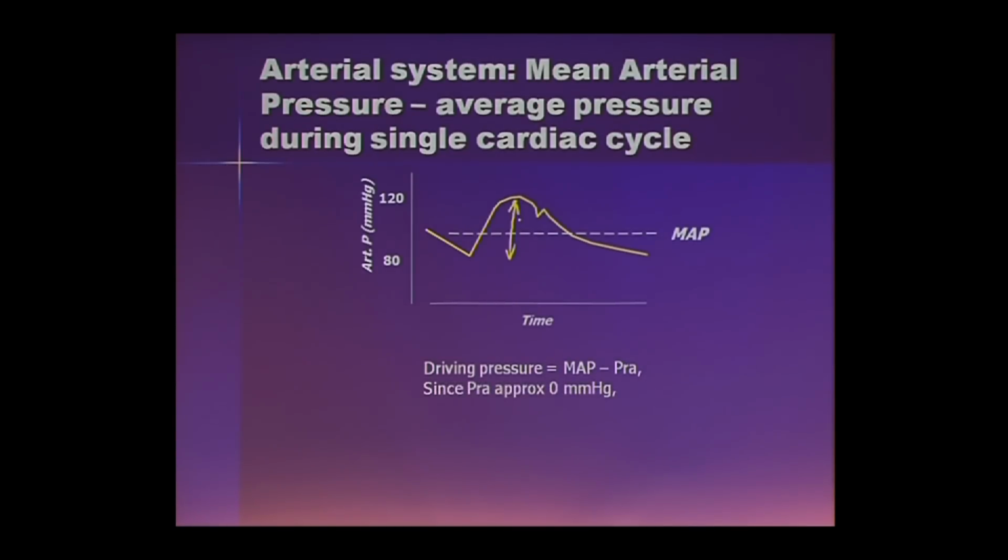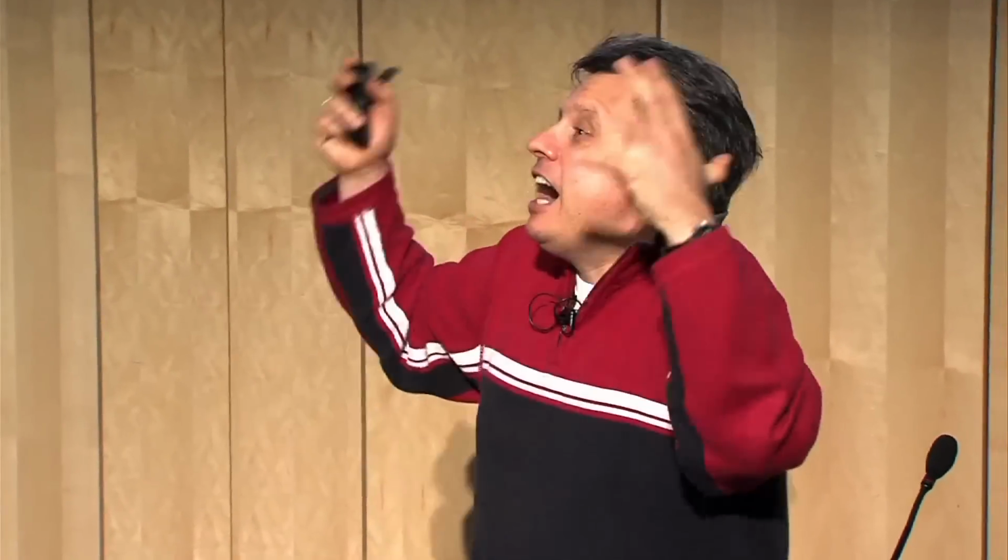If the pressure in the right atrium approximates 0, mean arterial pressure really approximates the driving pressure. So for all practical purposes, we can call mean arterial pressure the driving pressure: essentially the pressure that the heart generates to overcome the resistance of the systemic circulation so that blood can go back to the right atrium.